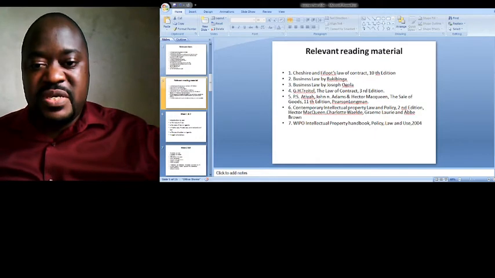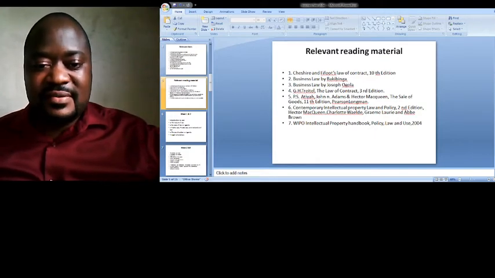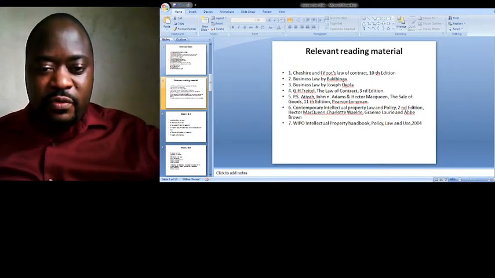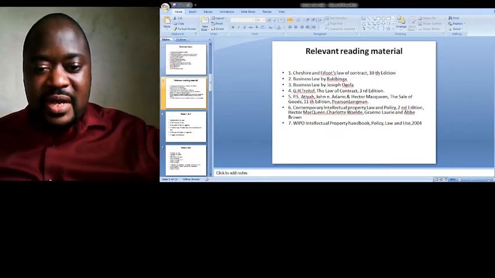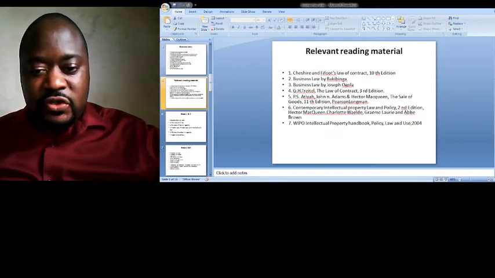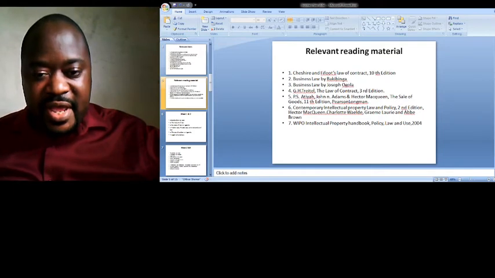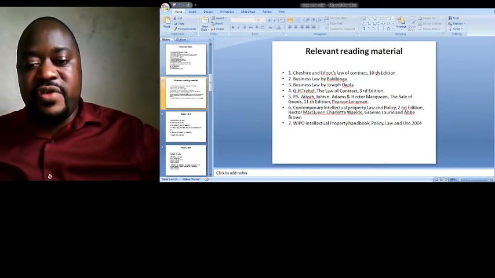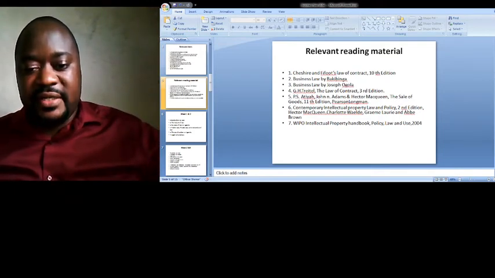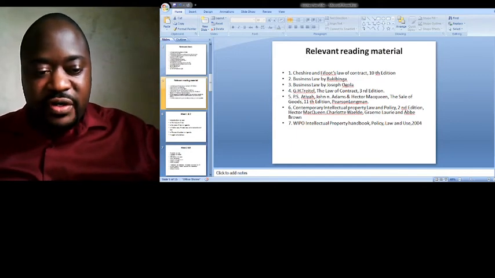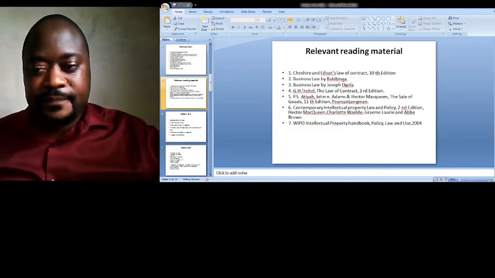And these may be legal texts. For example, number 1, we have what we call Cheshire and Fifoot. We have Business Law by Machiwinga, Business Law by Joseph Ogola, Treitel, and many others. So you can enrich your mind, your legal mind, by looking for those materials.